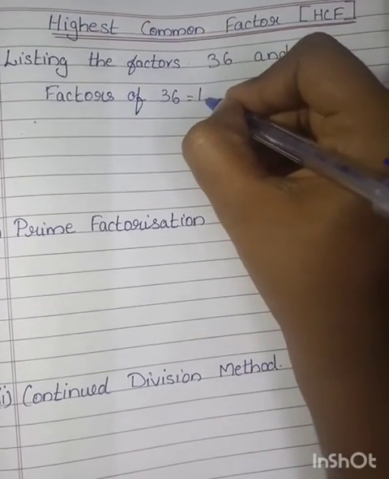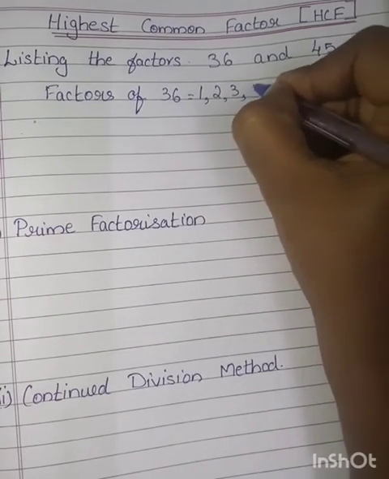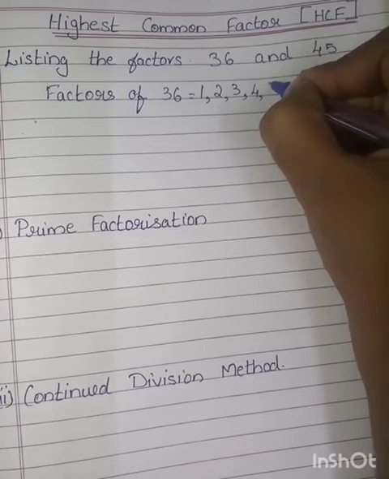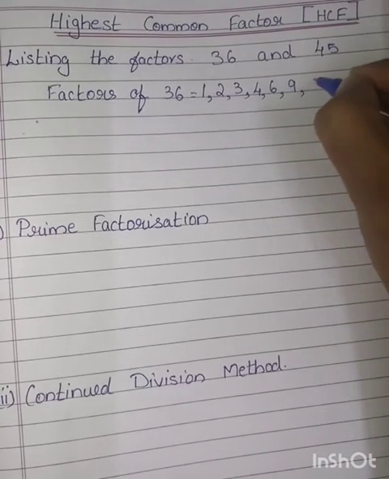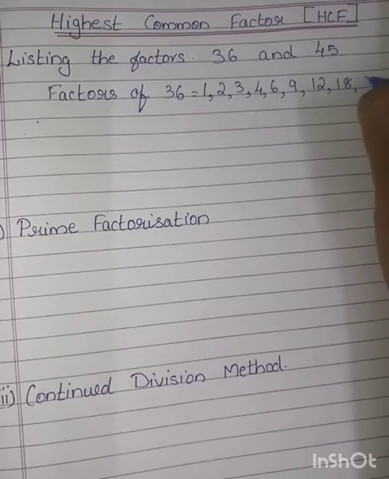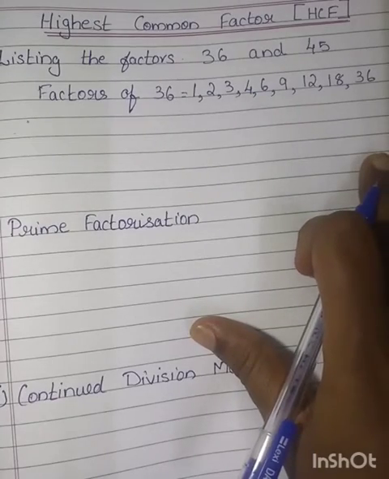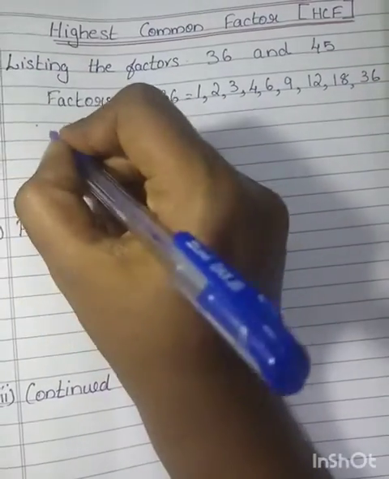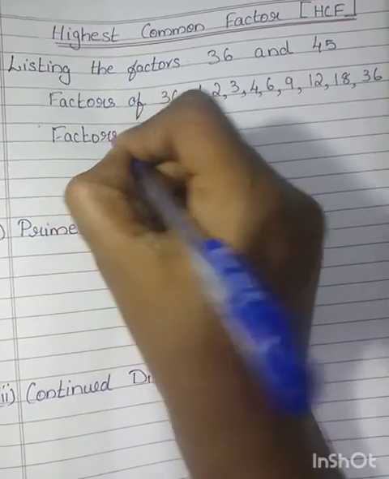So it is going in 1's table, 2's table, 3, 4, then it goes in 6, 9, then 12, 18 and 36. So these are the factors of 36.